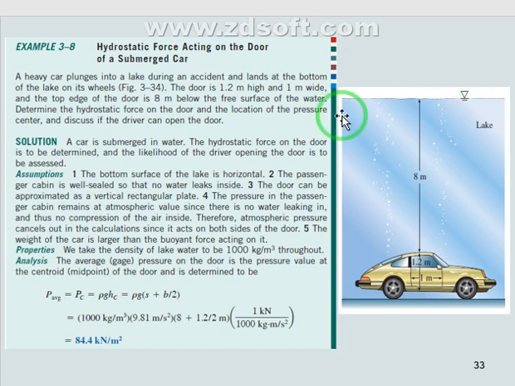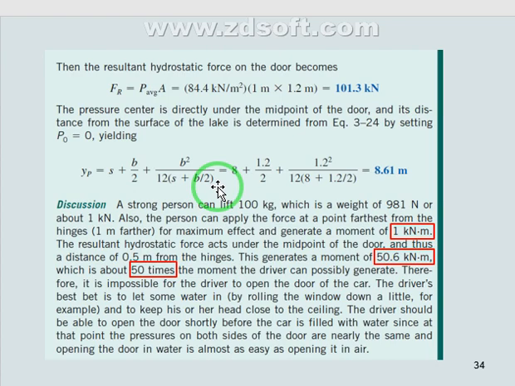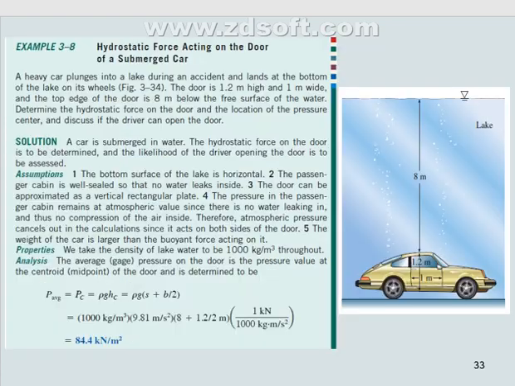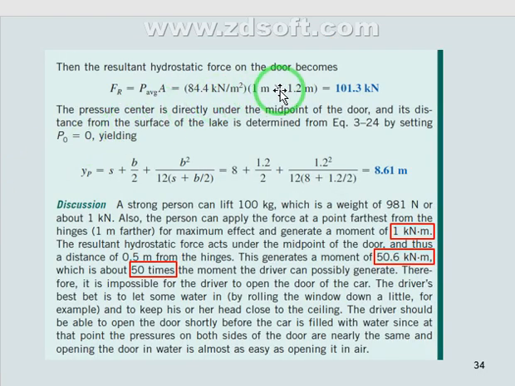We have this example solved already in the class, and I think all of you understand it. It's about the concept that when we have a car sunk in the lake to 8 meters, we have high pressure that comes from the outside. By calculating the force, it will be equal to 84 kilonewton per meter squared times the door area.